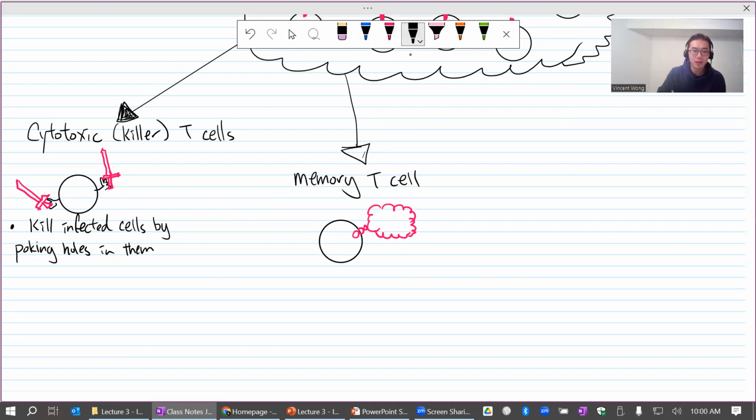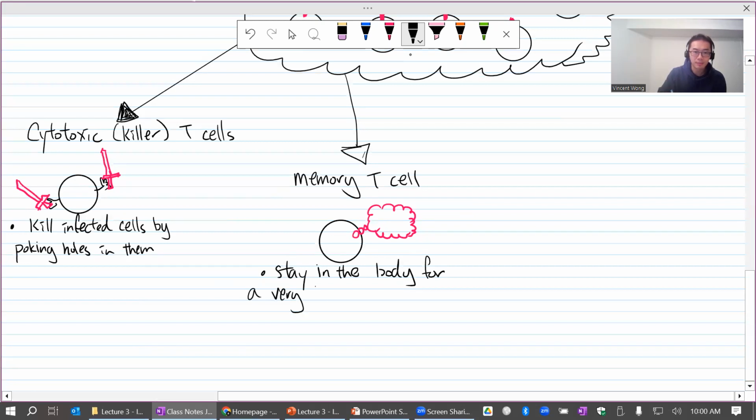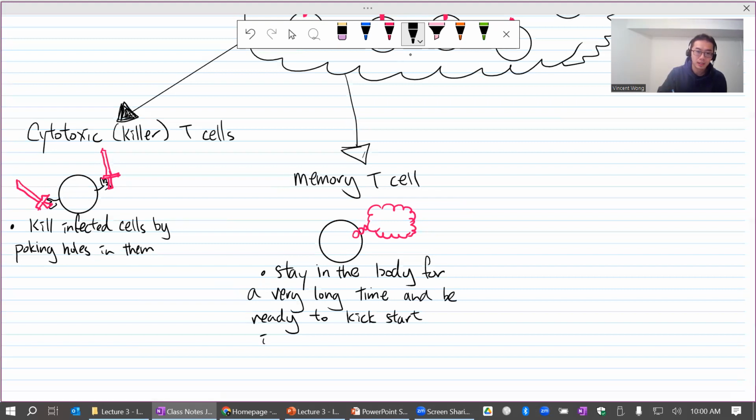So memory T cell will stay in the body for a very long time, and be ready to kickstart an immune response if there is a reinfection.